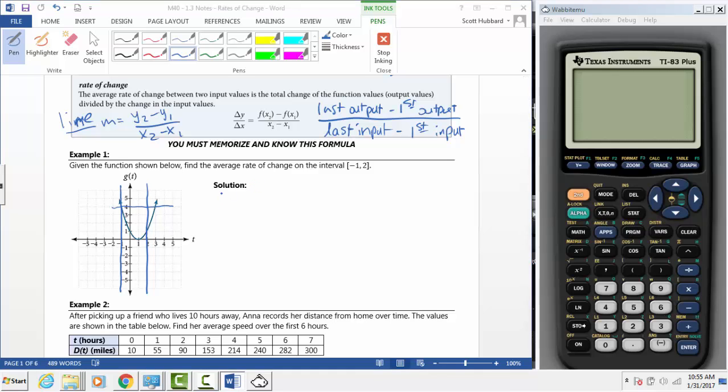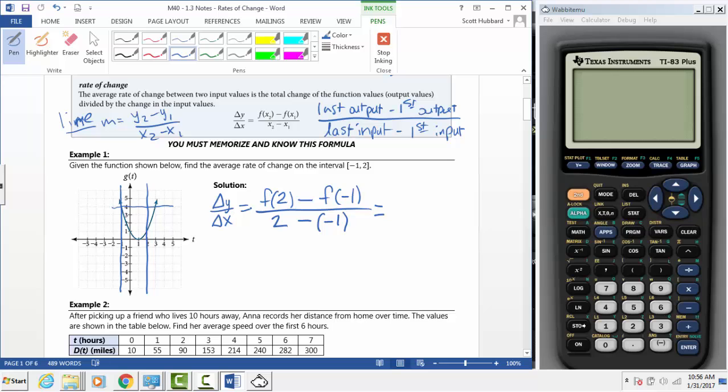Okay, so the formula is going to be delta y over delta x. So that's going to be f of 2, the last output, minus f of -1, all divided by the last input, which is 2, minus, now be careful, x1 is -1, so it's minus a minus.